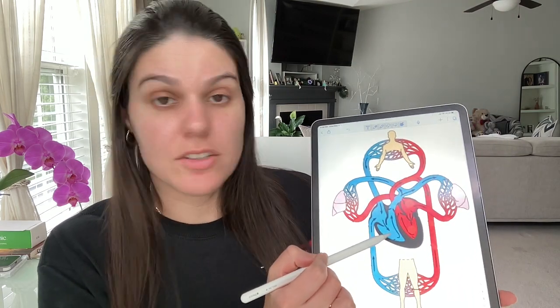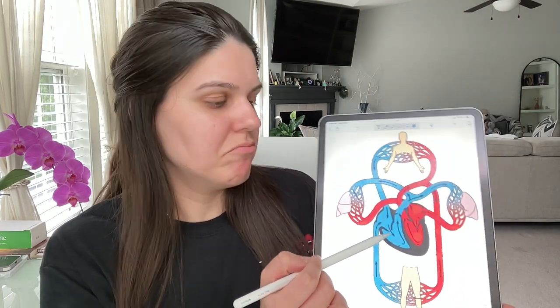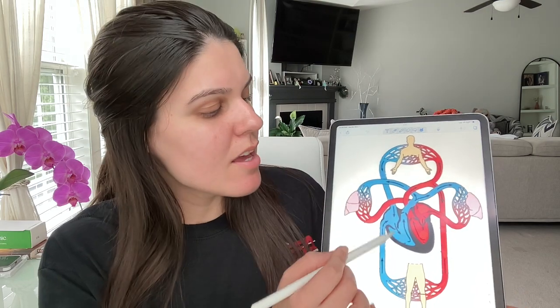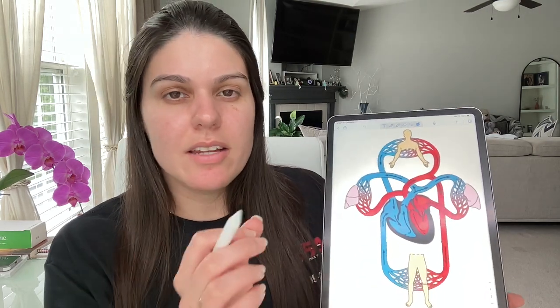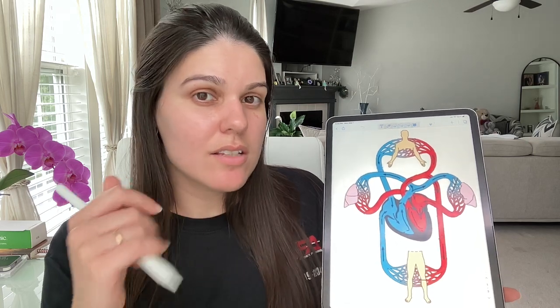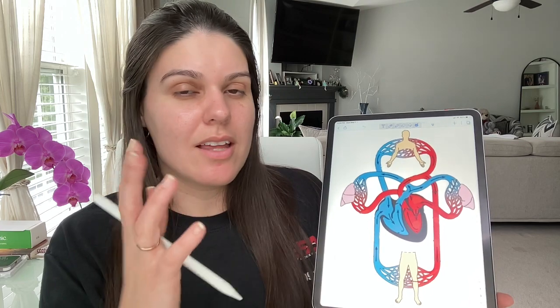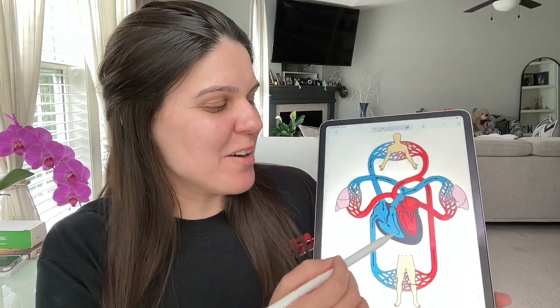So I would like to start at the right ventricle, just for it to be easier for me. When the blood is here in the right ventricle, it is deoxygenated, which means that it does not have oxygen.